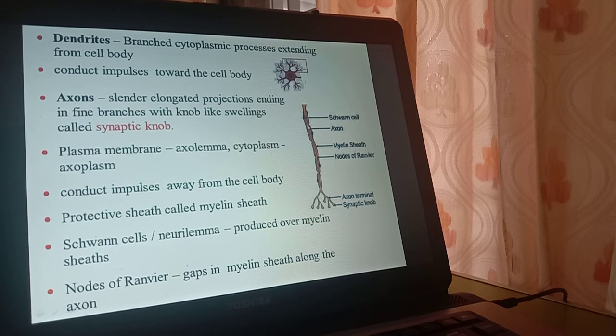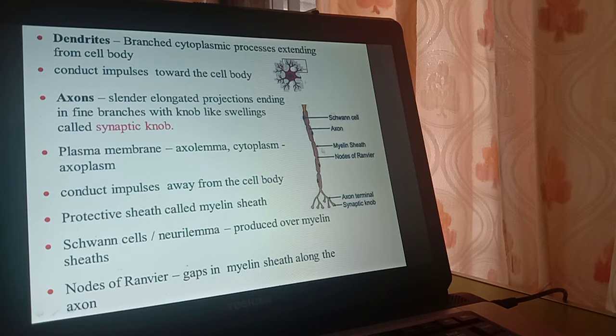The plasma membrane covering this axon, we call the axolemma, and the cytoplasm is called the axoplasm. Now the function of this is to carry the impulses away from the cell body. Yes, and this axon has a protective sheath which is called the myelin sheath.